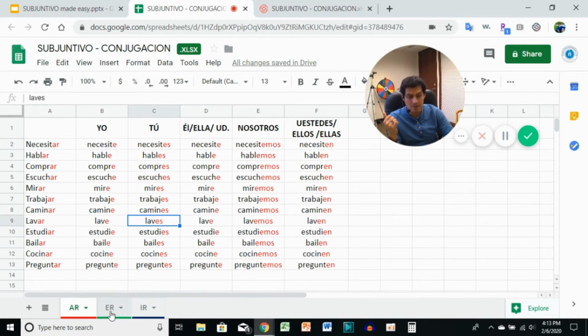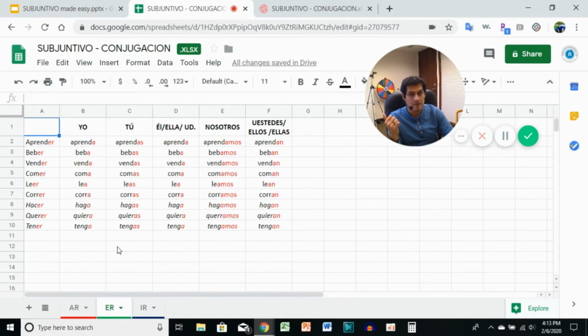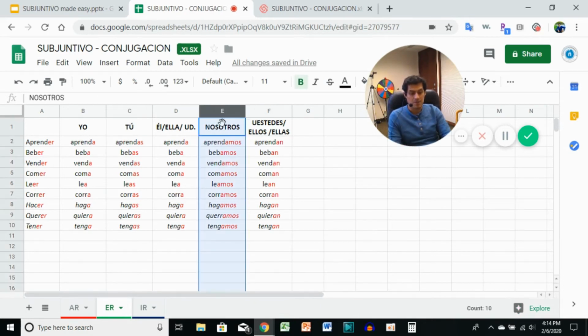Let's take a look at the verbs ending in er. They are fewer verbs. It's a smaller group, but there are just 3 irregulars. Let's take a look at aprender first. Aprender, yo aprenda, tú aprendas, él, ella aprenda, nosotros aprendamos, ustedes, ellos, ellas aprendan. Again, don't pay much attention to this conjugation.